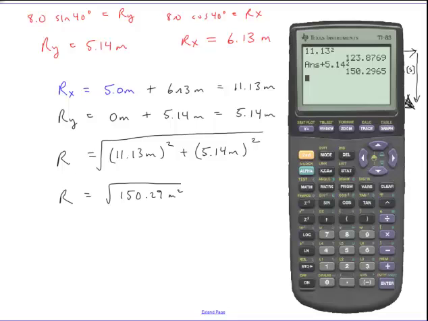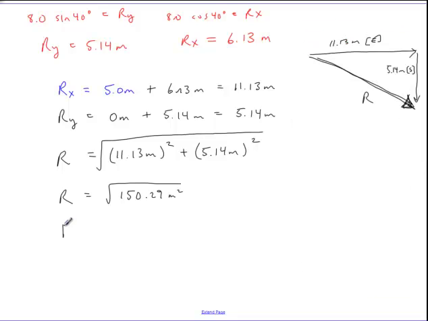What's the square root of 150.29? 12.26. So r equals 12.26 meters. Okay? And that seems about right.